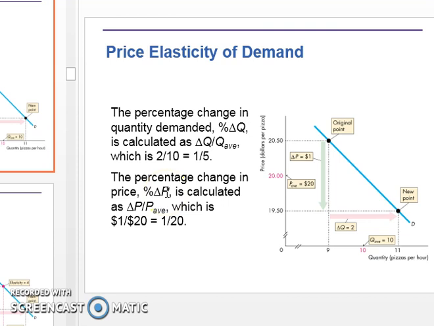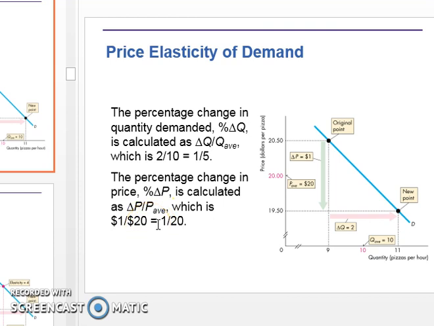As we have seen in the formula, it is the percentage change in quantity demanded divided by the percentage change in price. Now we are calculating the denominator. For the percentage change in price, we first measure delta P, which is P2 19.50 minus 20.50, it becomes $1, divided by the average, 20.50 plus 19.50, which becomes $40, divided by 2, which becomes 20.